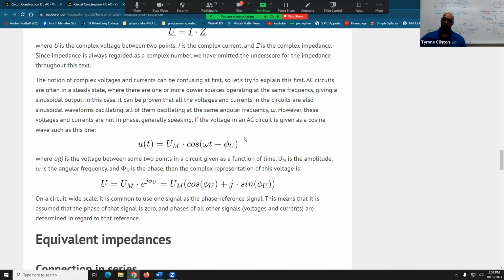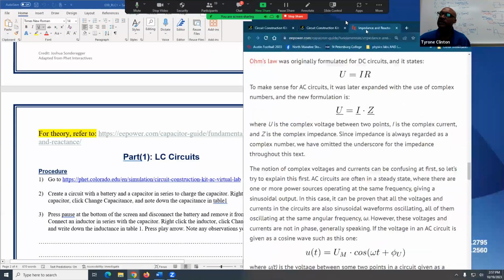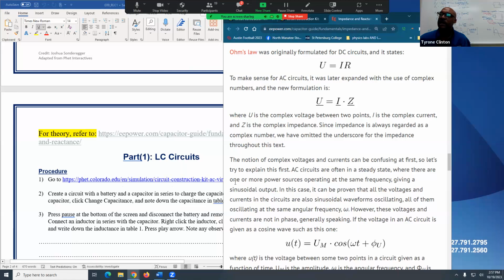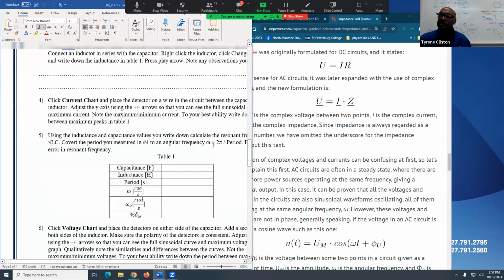So is that equation going to be used in the lab, the U of T? This one right here? Is it going to be used in lab 9? I don't remember. I don't think so, because this one just basically implies that you're going to figure out the voltage at a specific time. Right.